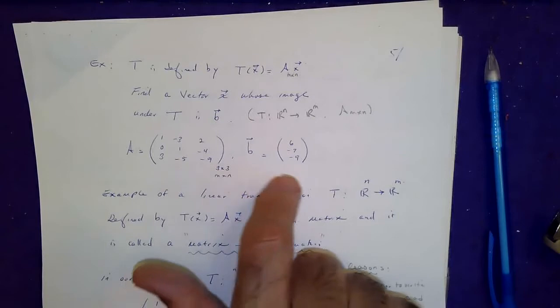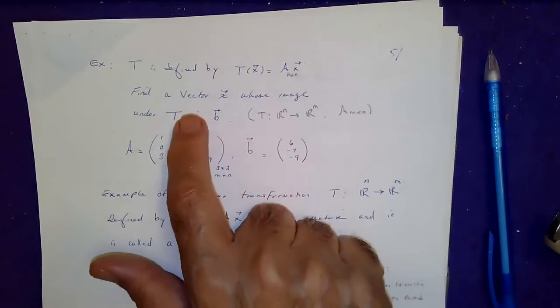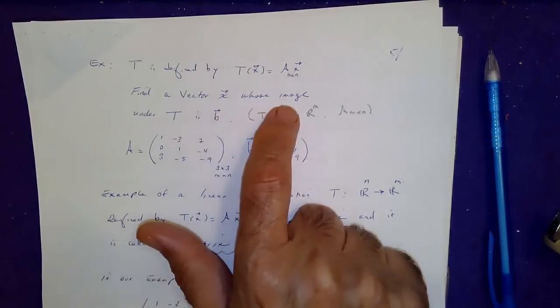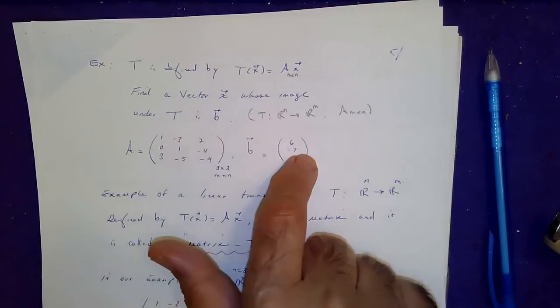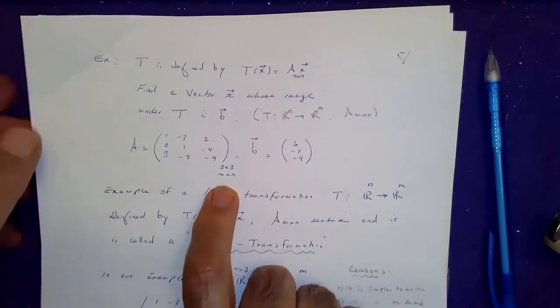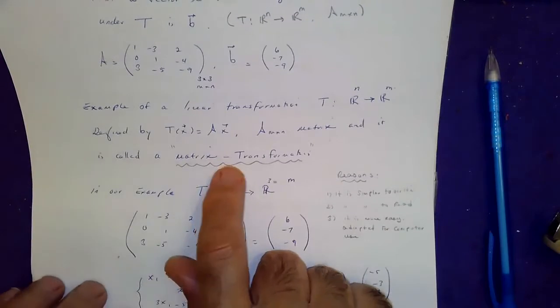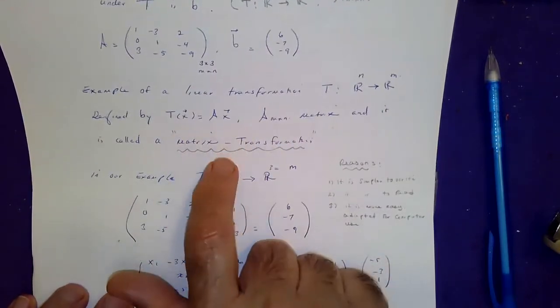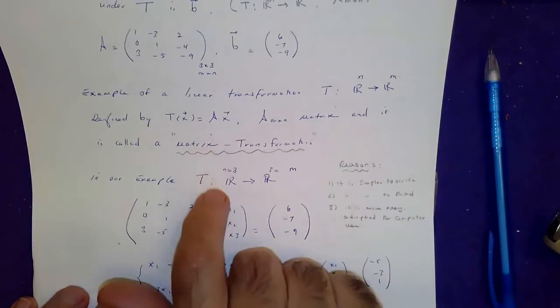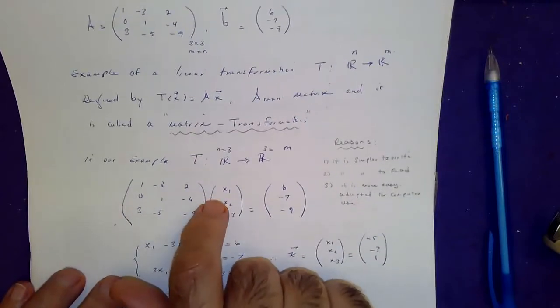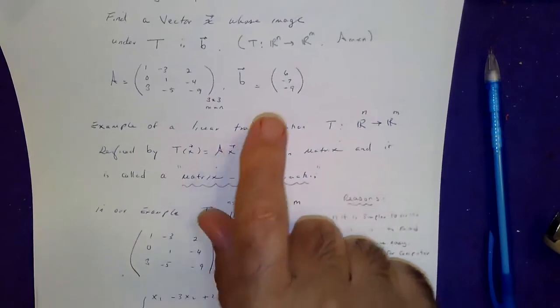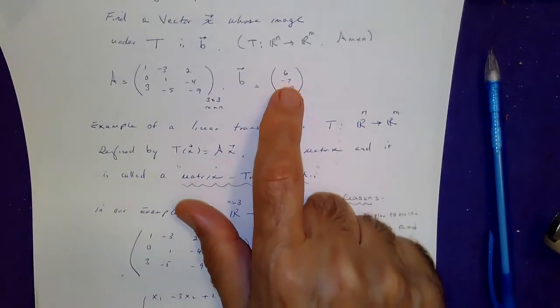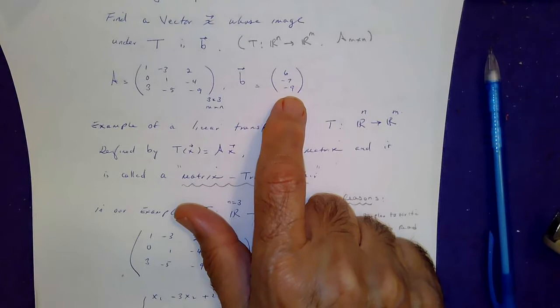Here is matrix A, here is B. So what does it mean to say find the vector x whose image under T is B? Well, that is exactly the same as finding the solution of this system of equations, which happens to have the constant column vector 6, -7, -9.